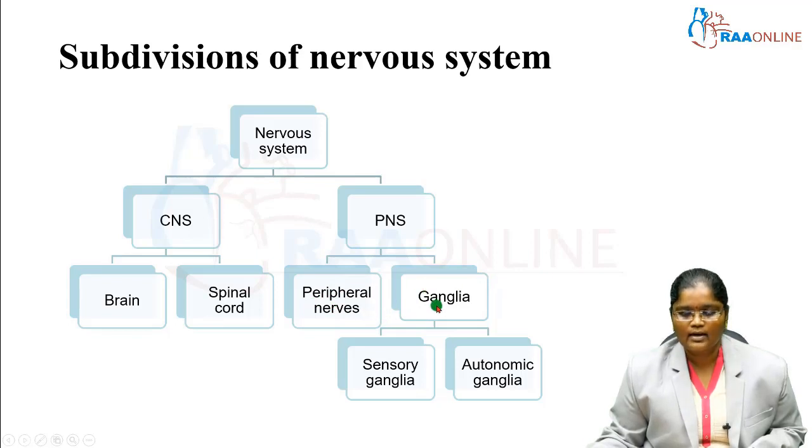The ganglia are again subdivided into sensory ganglia and autonomic ganglia. There is another system, the autonomic nervous system, which is classified into sympathetic and parasympathetic.